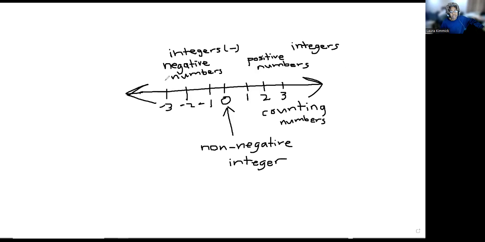So in between any of these lines would be fractions or mixed fractions or decimals.